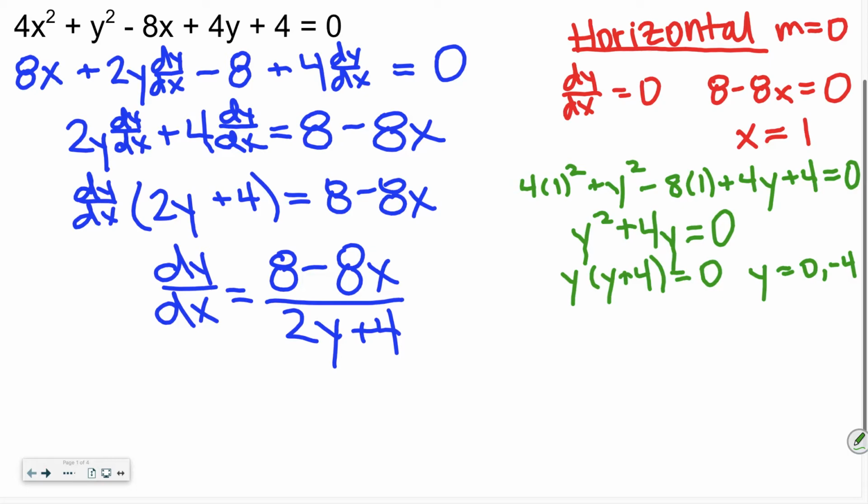So this is happening at two different places. Okay? We have the coordinates 1, 0 and 1, negative 4. Well, why do we have this happening at two different places?